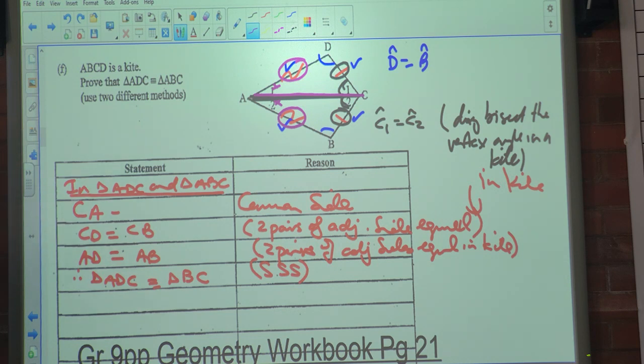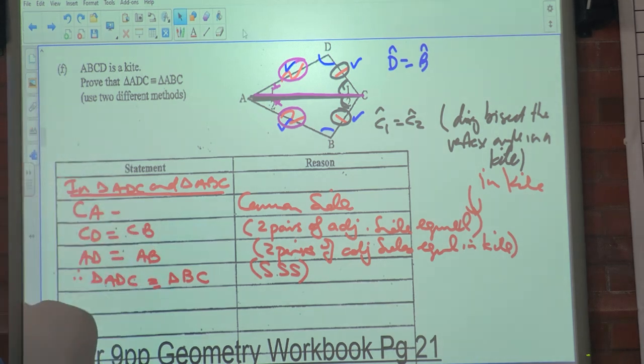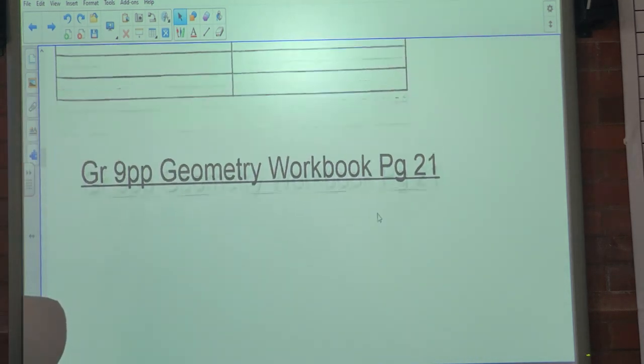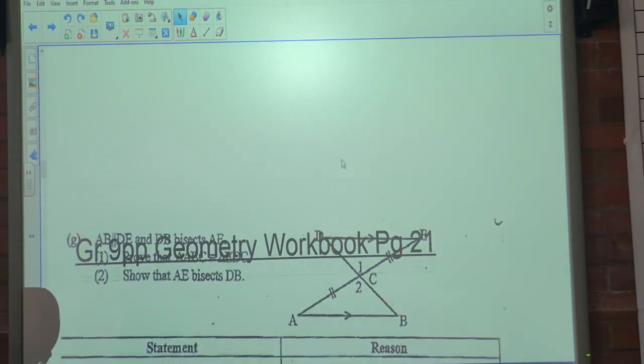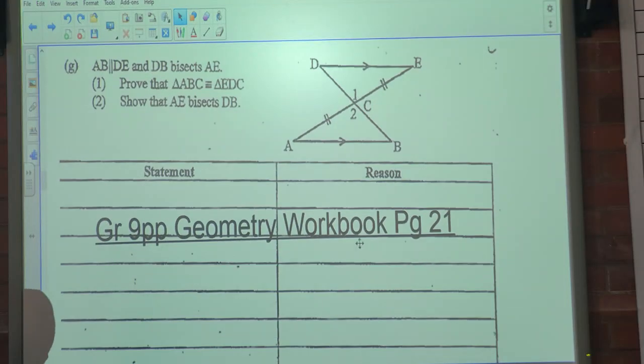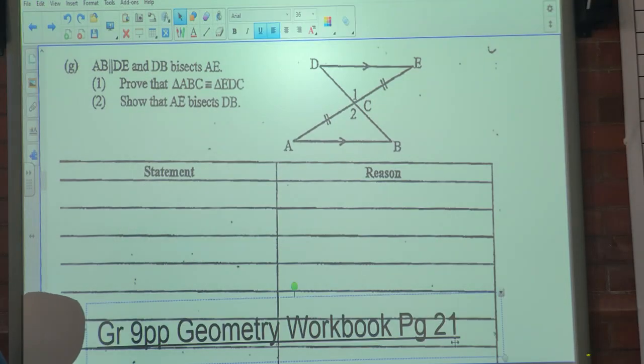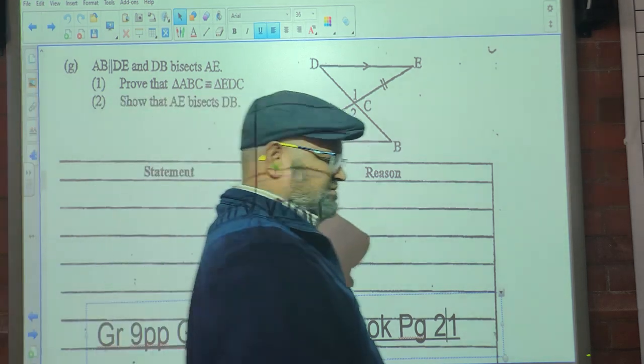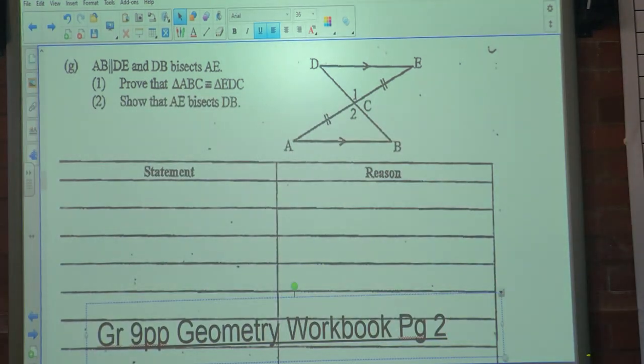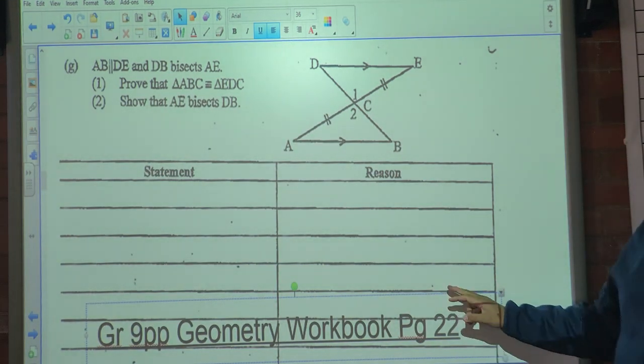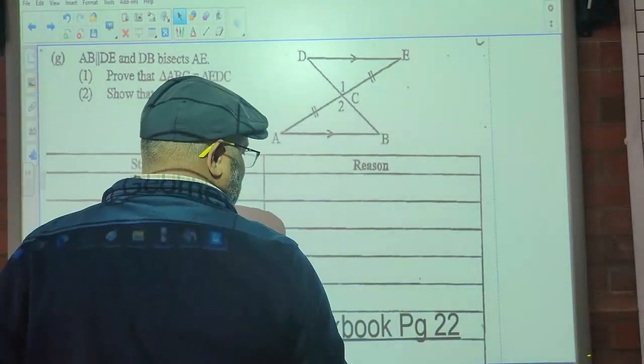Okay, so there's four different ways of doing exactly the same. Okay, we're still on page 21. So it's now on page 22. Okay, there's a lot of sums on page 21. Right, G.